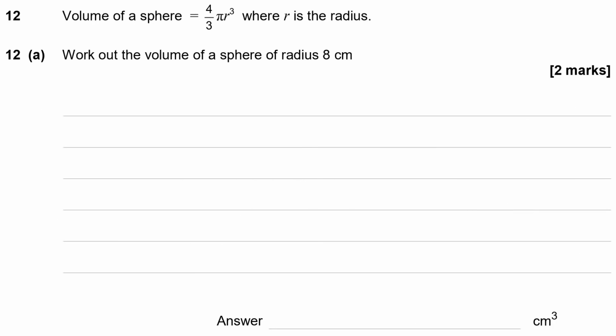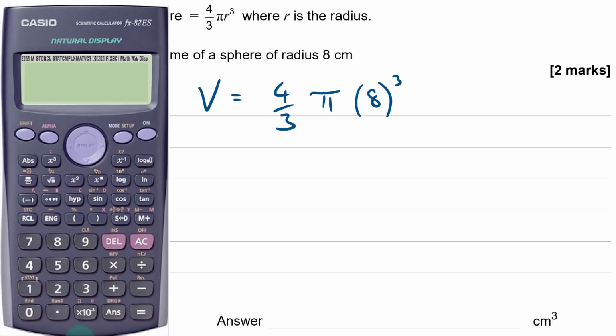Question 12. We've been given the volume of a sphere formula, 4/3 pi r cubed, and we're asked to work out the volume of a sphere with the radius 8. Okay, so we just need to sub it into the formula and then work through to an answer. So volume is equal to 4/3 pi times r cubed. We can just type that whole thing straight into the calculator.